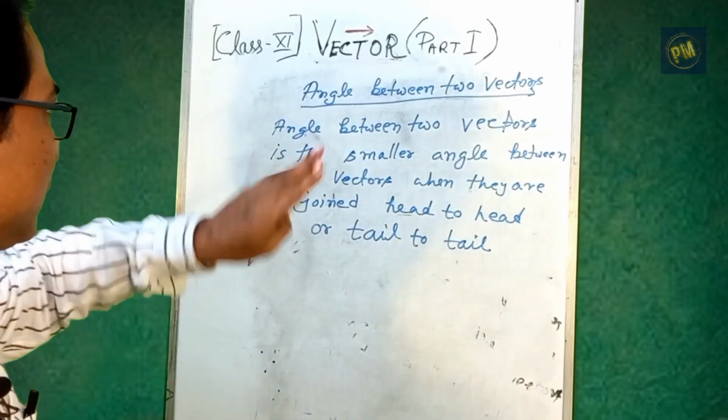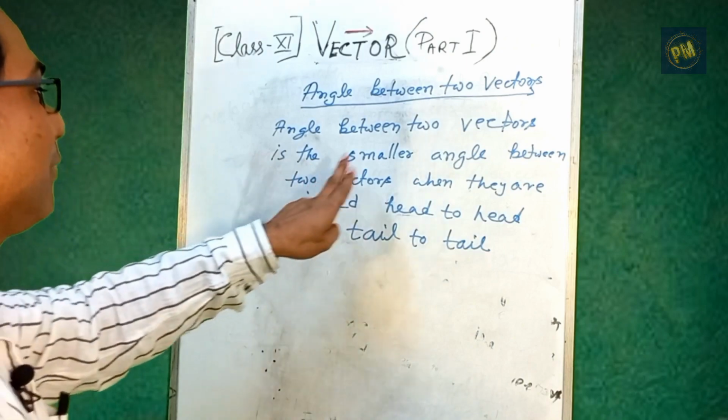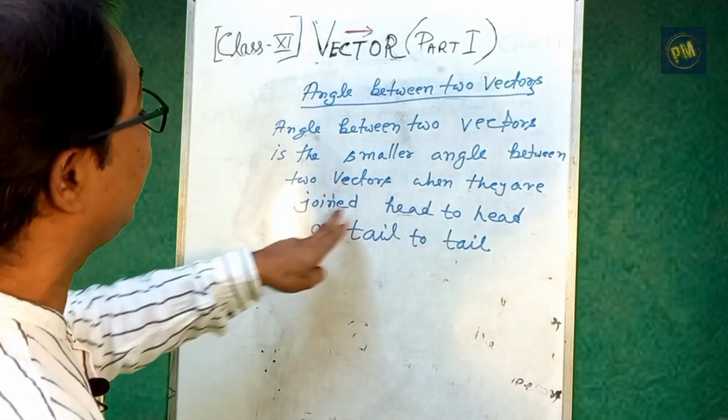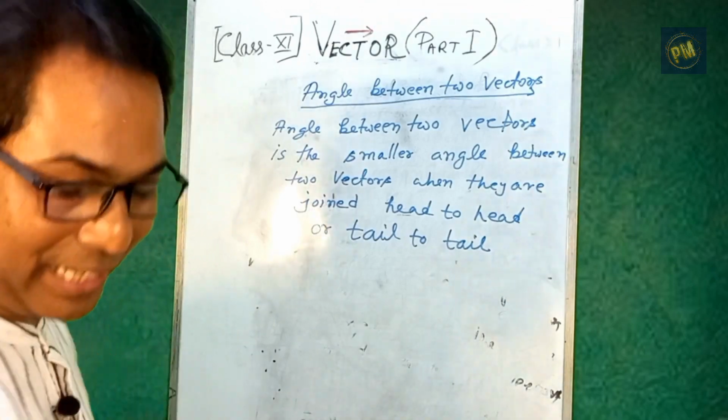What is the angle between two vectors? Angle between two vectors is the smaller angle between the vectors when they are joined head to head or tail to tail. Now take the diagram.